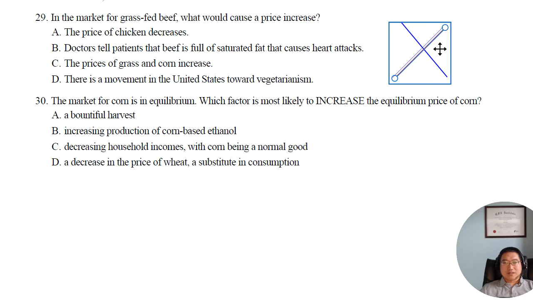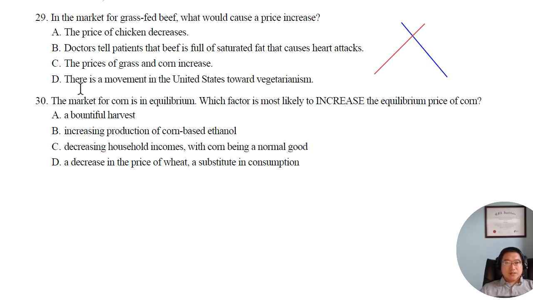That's grass, and grass become expensive, so the supply curve shifts to the left. Okay, from this position, shift to the left. Again, we move along the demand curve. We actually have lower equilibrium quantity and a higher equilibrium price. So that's what we can get from C.